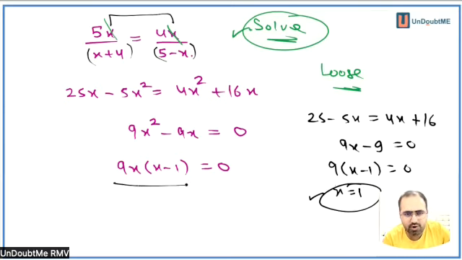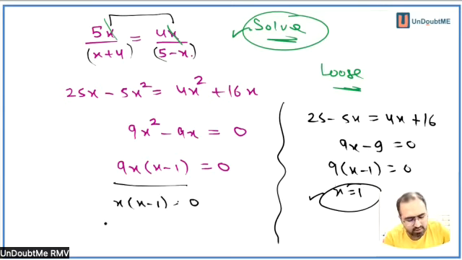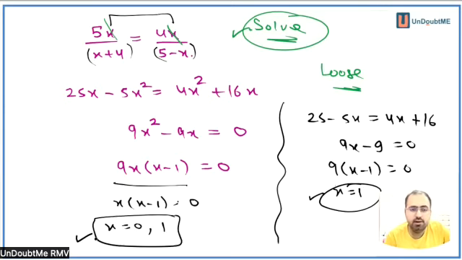And now you can see what you have done. You have done it correctly, but just understand both the things with reason. So x and x minus 1 are the two factors. x is equal to 0 and 1, both of them are the answers. So if we cancel the x's, we will get only one answer, and it happens all the time whenever we are solving any quadratic type of equations.